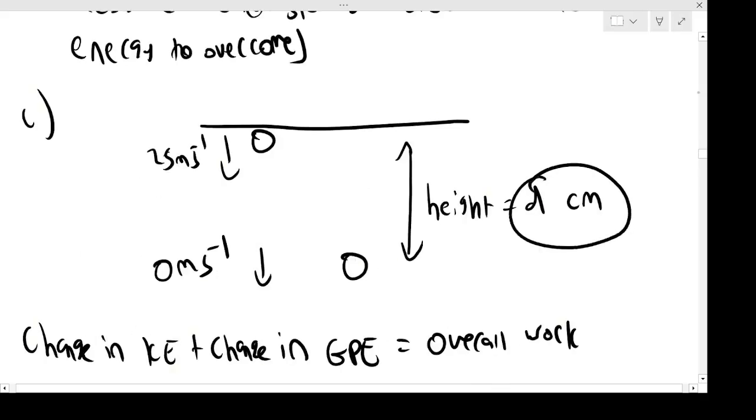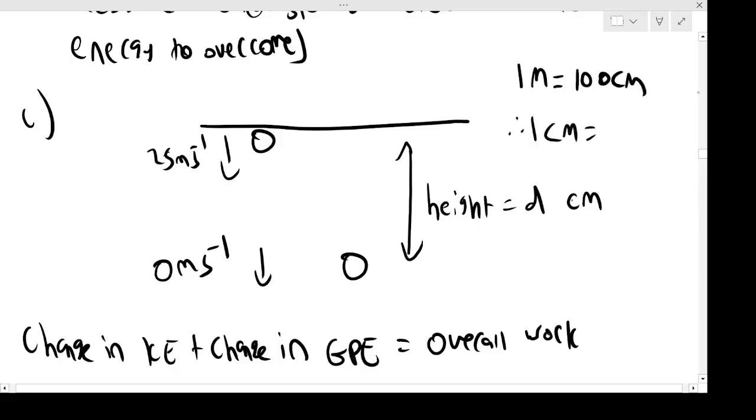Now this has to be in meters. So remember, 1 meter is 100 centimeters. So to convert centimeters to meters, you divide by 100, it's 0.01 meters. The units matter because it has to be in meters.